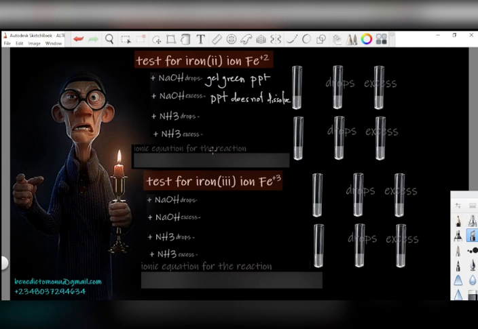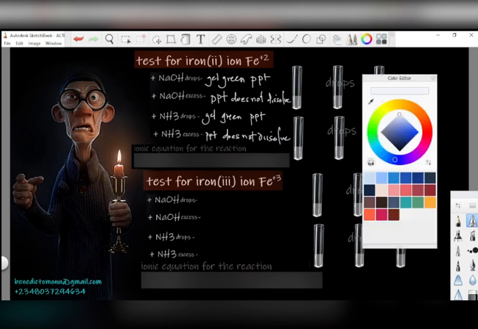So here, in ammonia, you get exactly the same result, gel green precipitate, and in excess, the precipitate does not dissolve. Some people call it a dirty green precipitate.